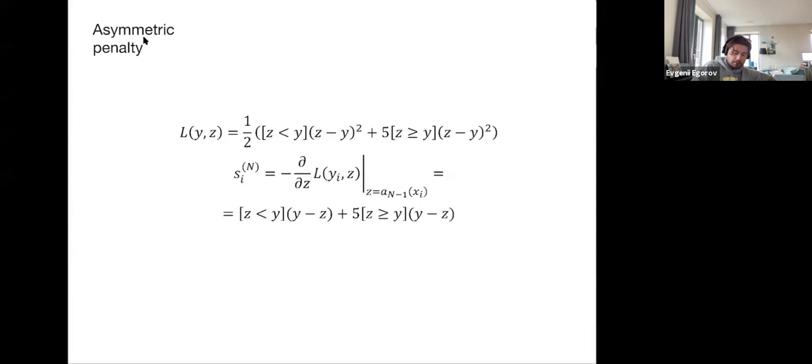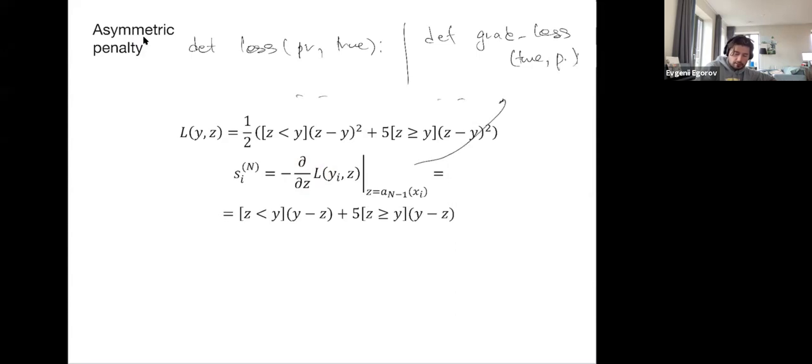Basically, you need to define a loss, which takes a prediction and the true value, and you also need to define what the gradient is. So we need to define a function like grad loss, which again takes the true value and the point where to estimate, and then just program it here, and all will work.